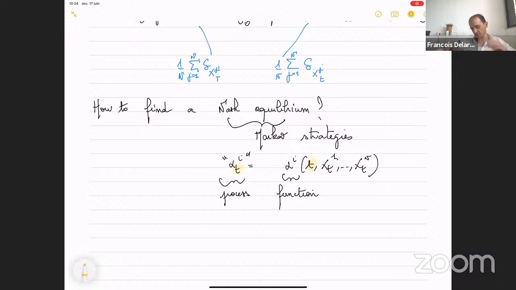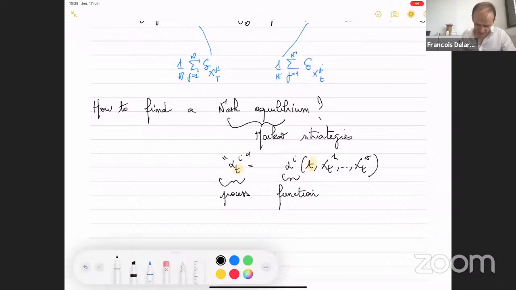This is just a way for you to see that one is a function and the other one is a process. And this is what you do in practice. You implement your strategy, let's say, in terms of the position of the system. And so then you want to find a PDE characterization of Markov equilibria.